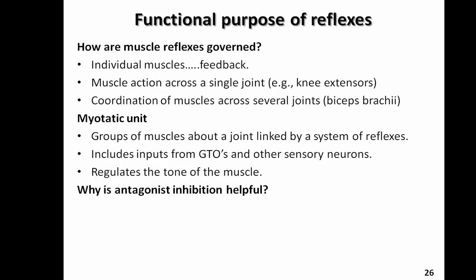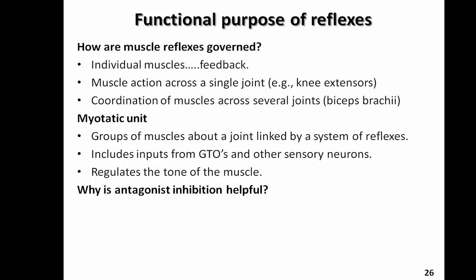One other concept that we did not get into in great detail is something referred to as antagonistic inhibition. And so antagonistic inhibition is a term that refers to the simultaneous inhibition of a muscle that opposes a primary movement.